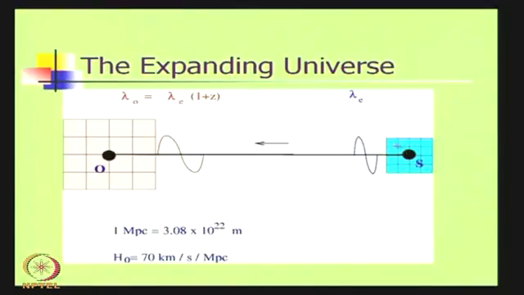I have divided it into cells, and I have a galaxy sitting at each of these grid points, like a crystal. And my entire universe is filled with galaxies like this.